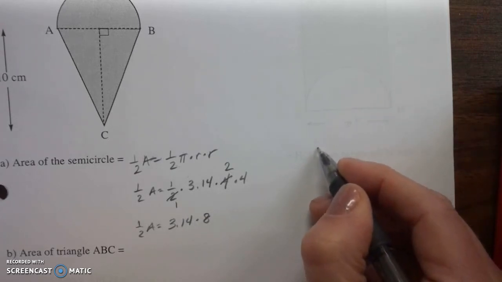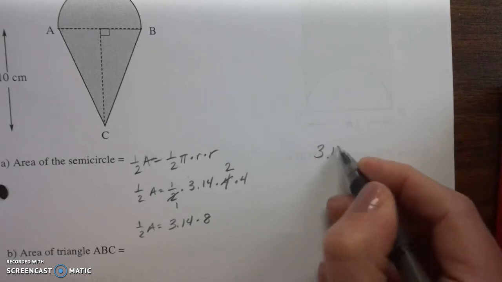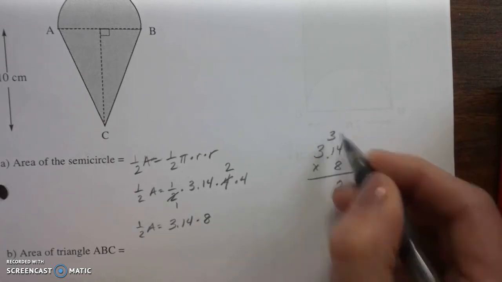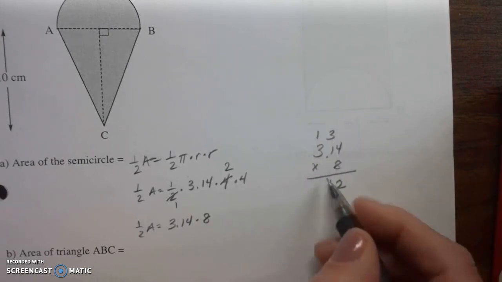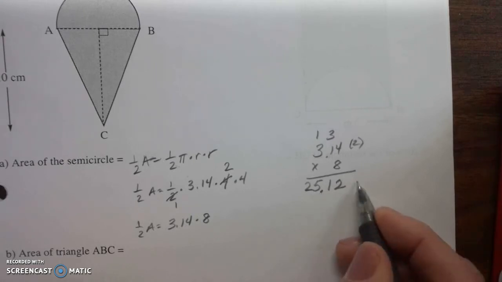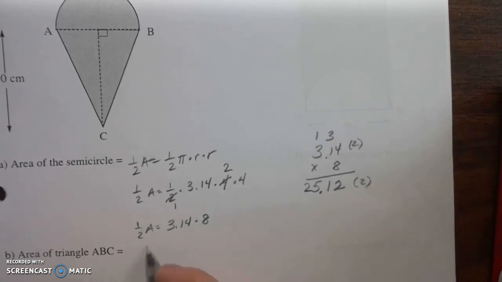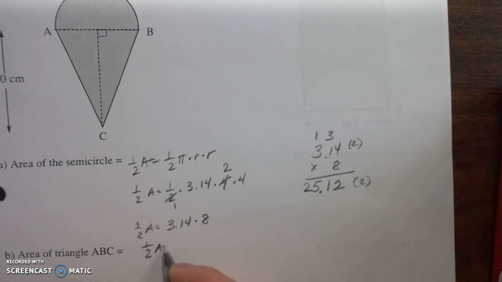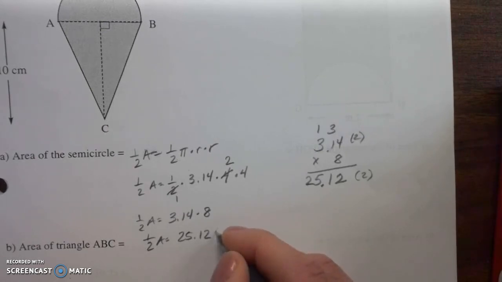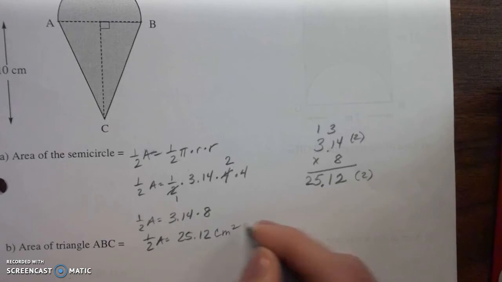Let's do that work over here: 3.14 times 8. I've got 2 decimal places up there, so I need 2 in my product, and my area of that semicircle is going to equal 25.12 centimeters squared.